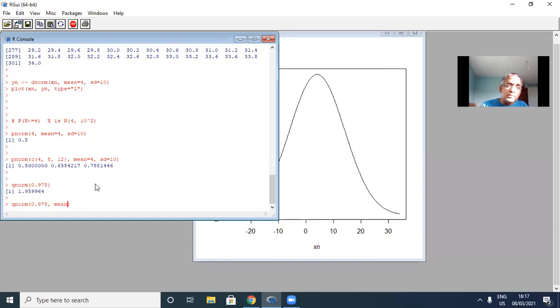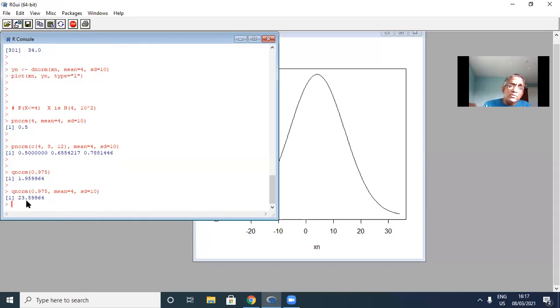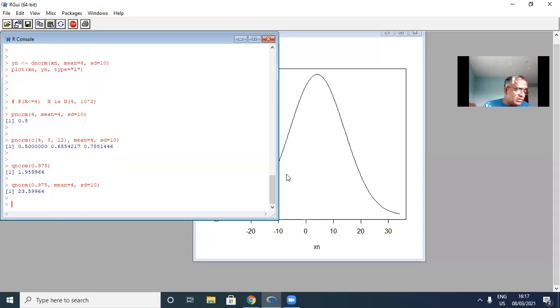Now, if you want to specify the mean and sd, you have to give these options, mean and sd. So in this case, the quantile at 0.975 is this.